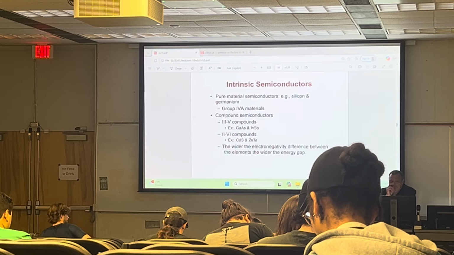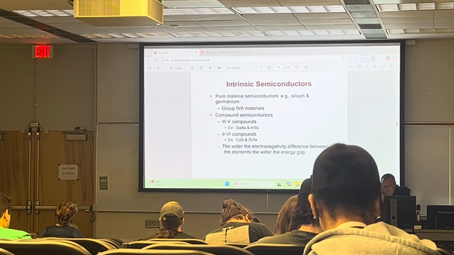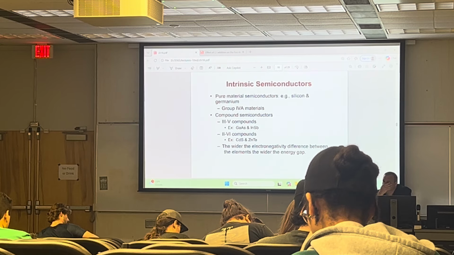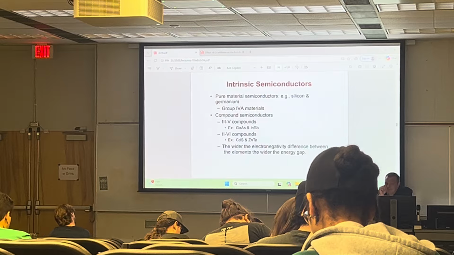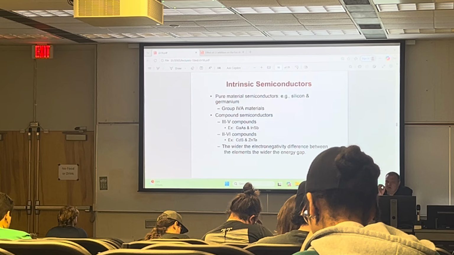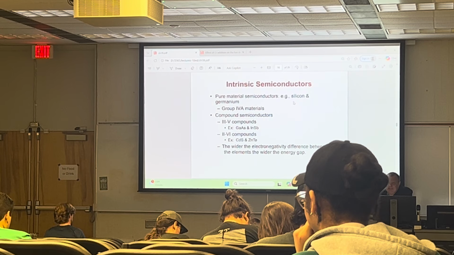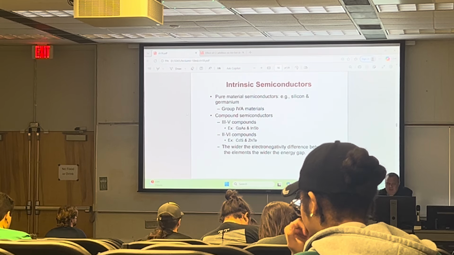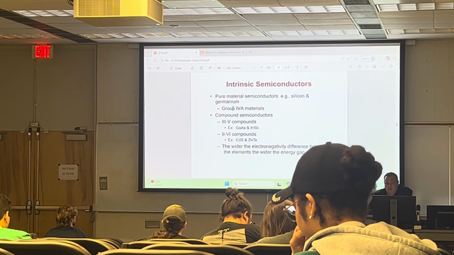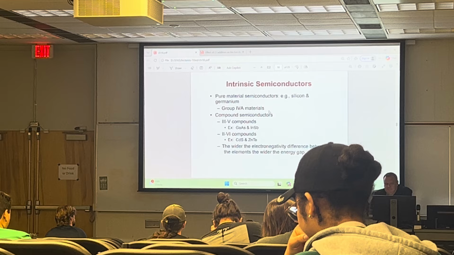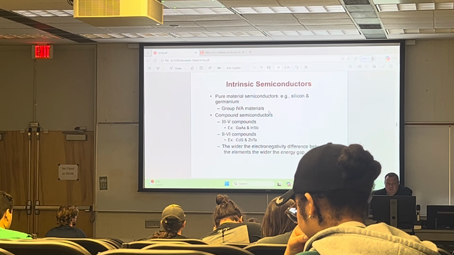Okay. That brings us to what's called intrinsic semiconductors. Intrinsic semiconductors are pure material semiconductors, such as silicon or germanium, and they're all in group 4A in the periodic table. Then there are compound semiconductors.